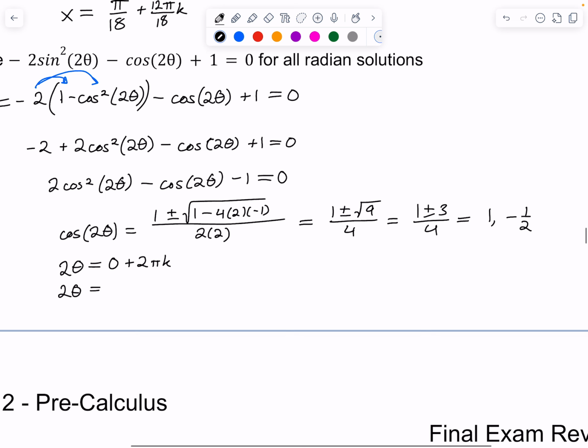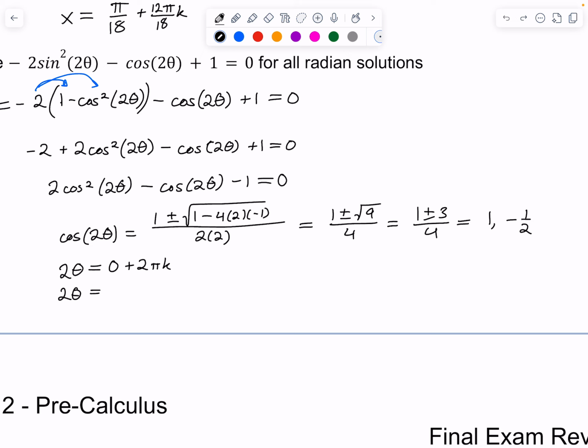But where is cosine equal to negative a half? Well, that's quadrants 2 and 3. It'll be 2 pi over 3 plus 2 pi k, or 4 pi over 3 plus 2 pi k.